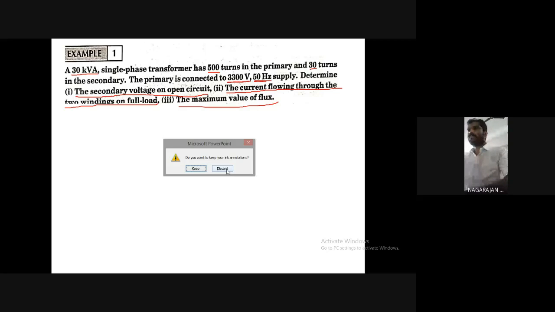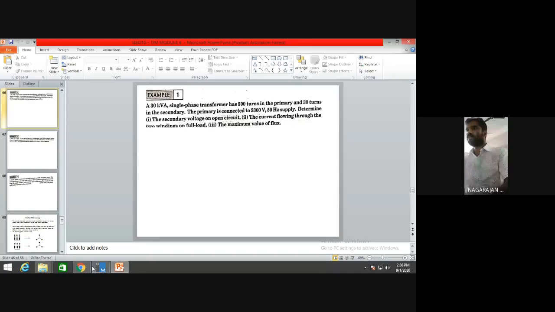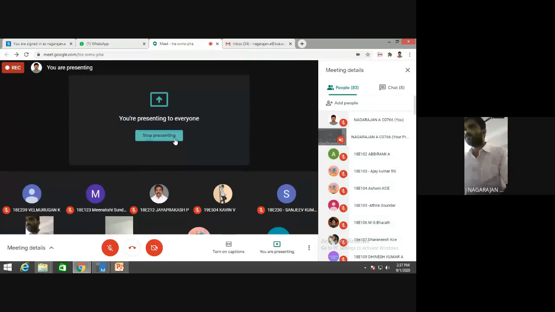We will derive this. If you have paper and pen, please make a note of it. Can you see the board now? Is the board visible to you?